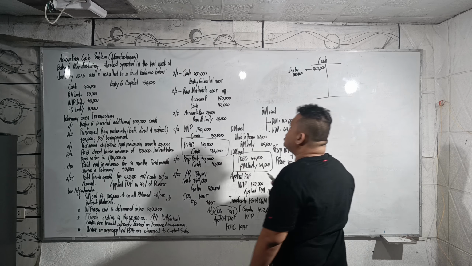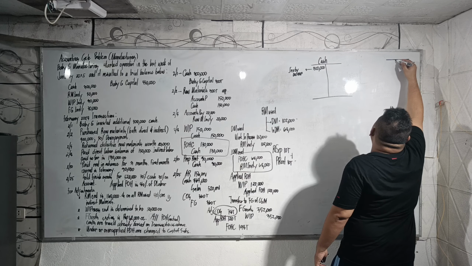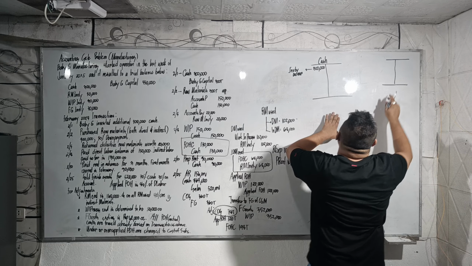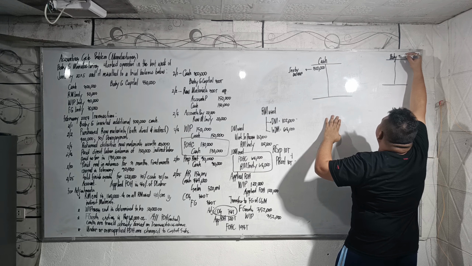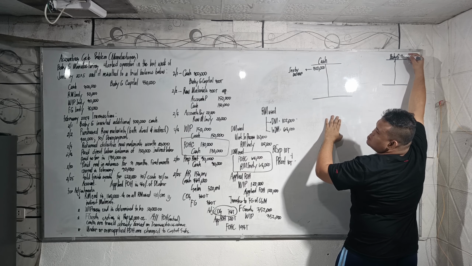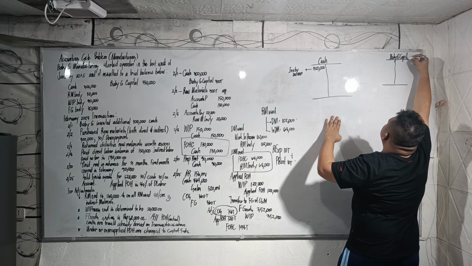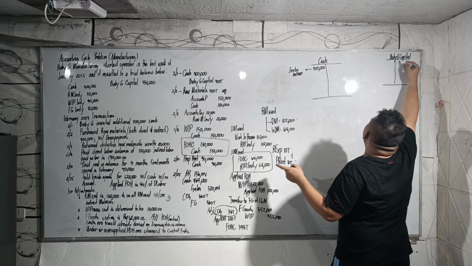Okay, now next is the Baby G capital. Let's put that right here, and let's hope that this particular area is enough. The Baby G capital is 300,000.